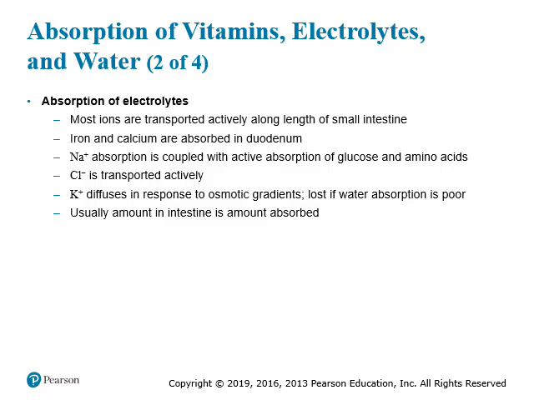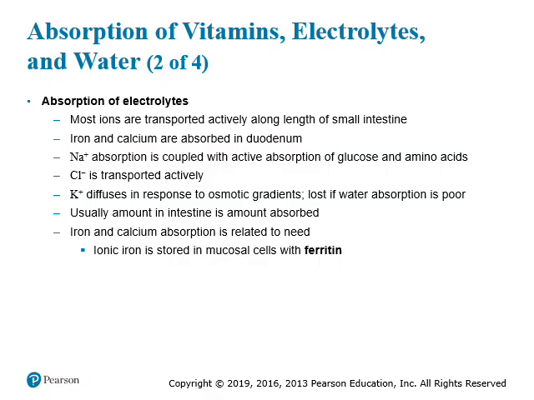Usually the amount in the intestine is absorbed, and iron and calcium absorption is related to the body's needs. Ionic iron is stored in the mucosal cells with ferritin, and when needed, transported in the blood by transferrin. We do not really need much iron because we recycle the iron in our body.